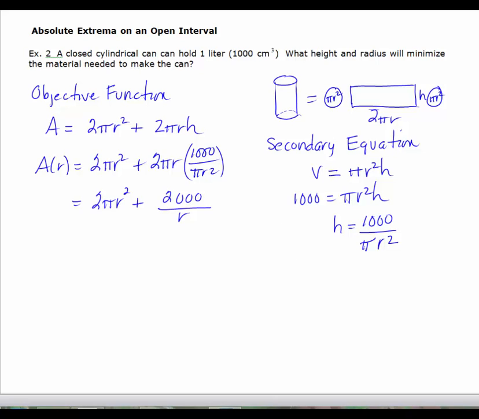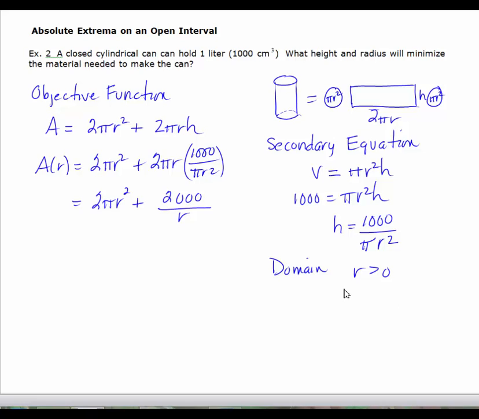And what I know is that r would have to be greater than or equal to 0. The radius could be, if it equaled 0, essentially I'd have a can that had no radius, or a 0 radius. But I can't have r equaling 0 because r is in the denominator, and we can't have 0 in the denominator. So I won't have a closed endpoint to check.